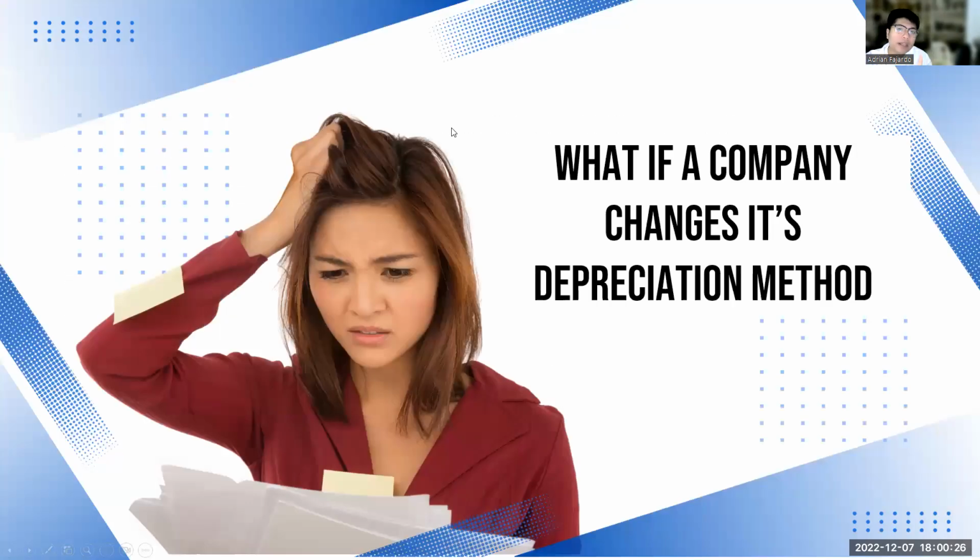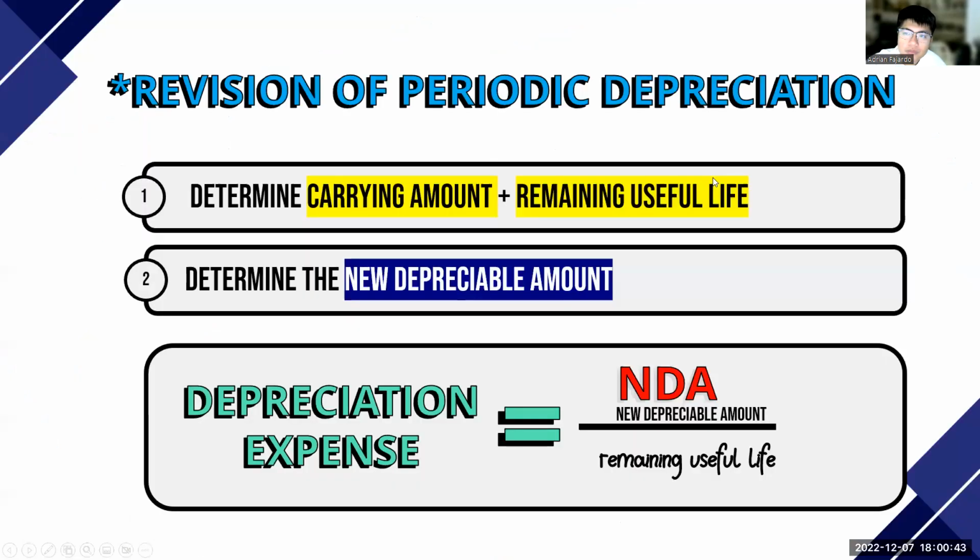Now, the last complication for depreciation, and please bear with me, would be, what if a company changes its depreciation method during the useful life? And huwag kayong kabahan, because honestly, in terms of revision of periodic depreciation, 3 steps lang.